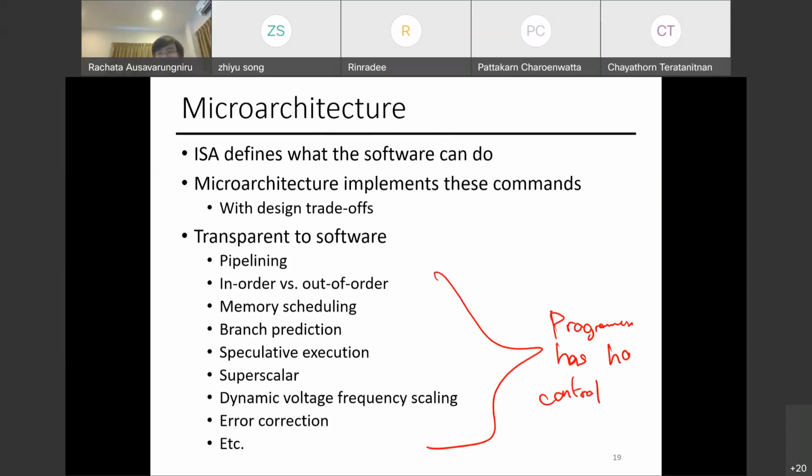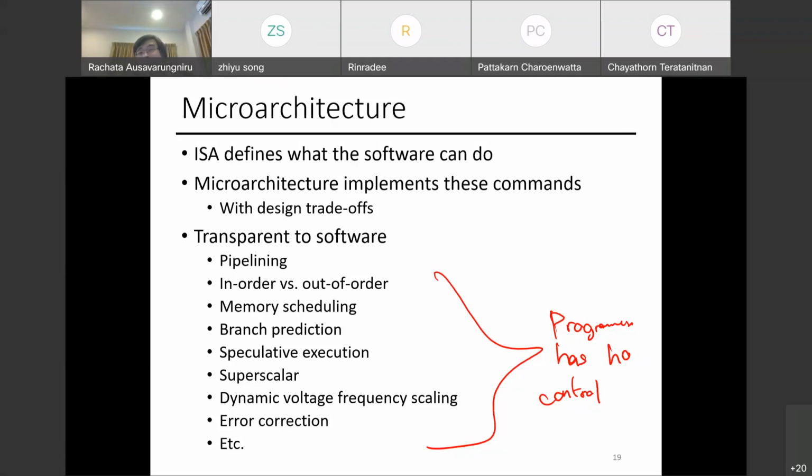So anyone want to take a guess? Why do we have this? Why do we have these techniques? Which we will learn some of this. We will learn the first one and the second one and the fourth one in this semester. But programmer has no control over this. So what's the benefit?